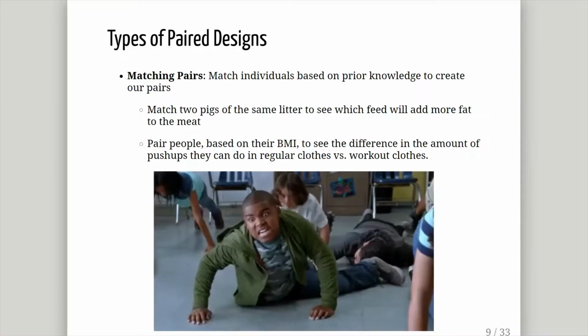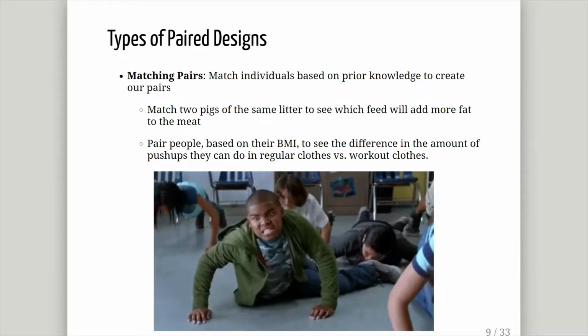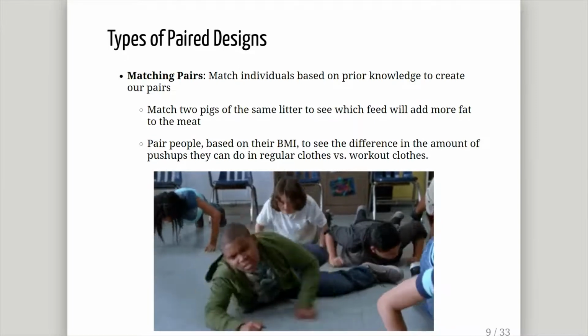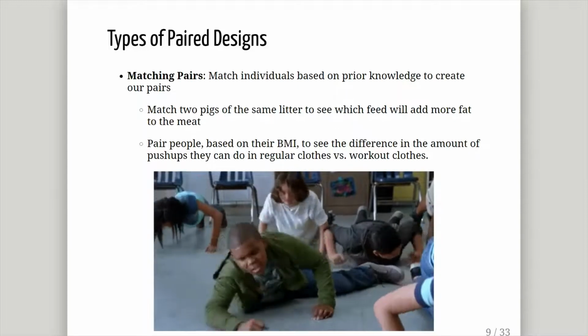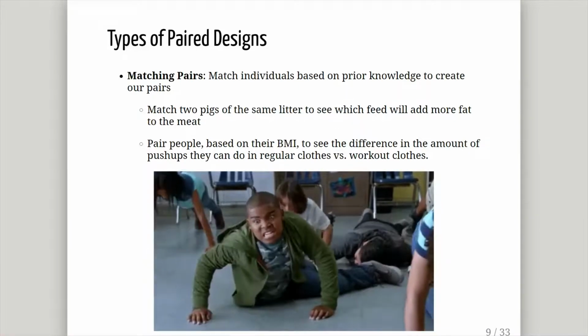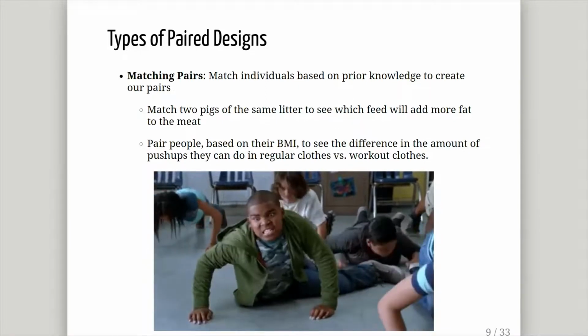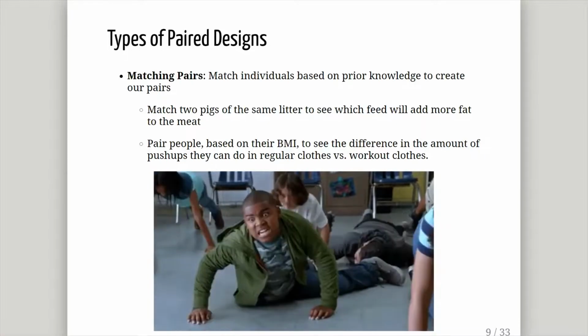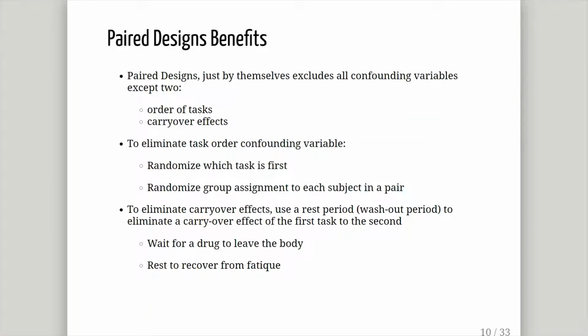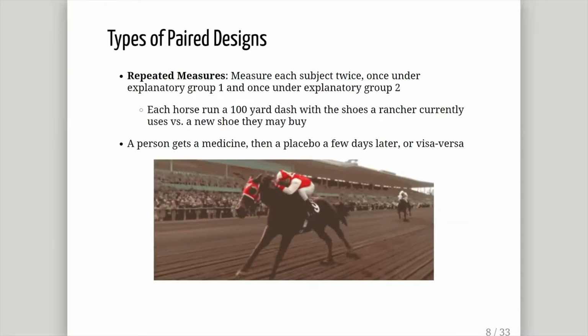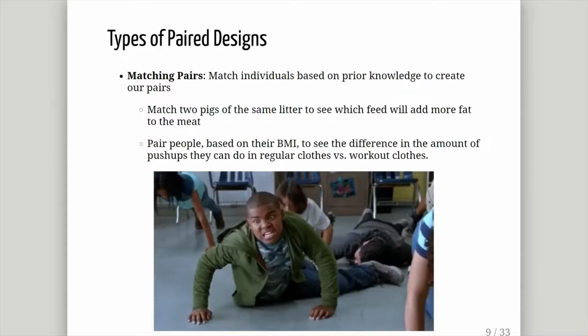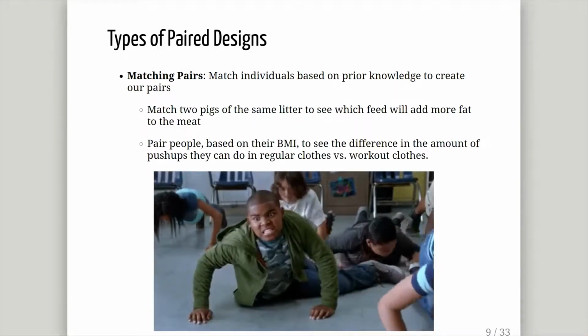They just need to be a similar BMI. And then the skinnier kid off to the right, we would have someone paired with him who has a similar BMI. So remember that the main two types are repeated measures and matching pairs.